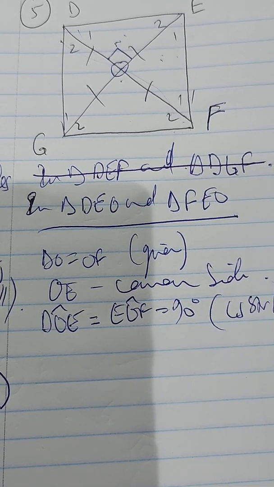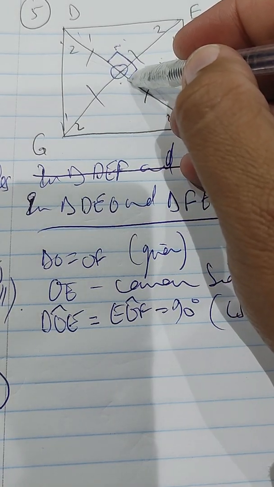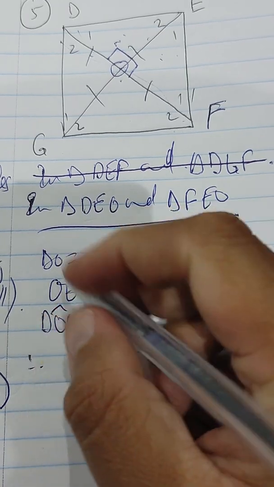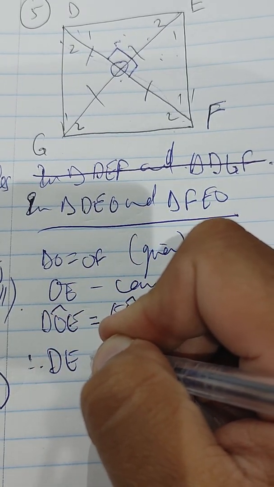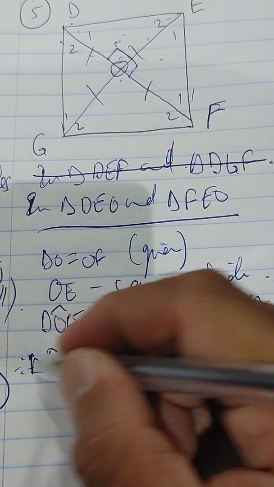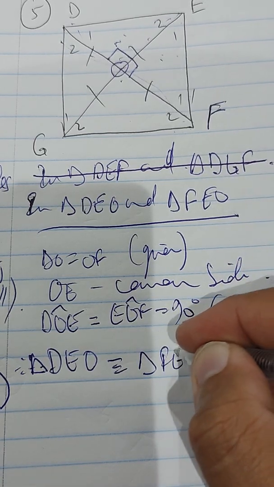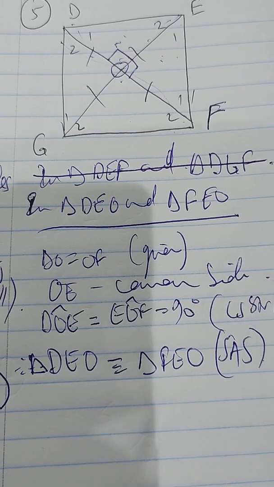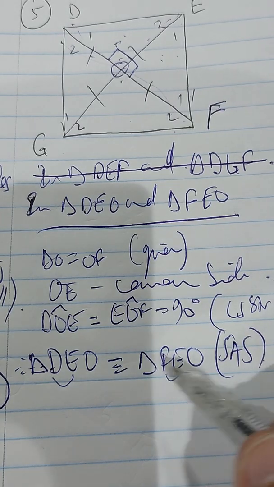Angles on a straight line, 90 there. So what do we see? We have side angle side. So therefore, triangle DEO is congruent to triangle FEO. Why? Because there is side angle side. Okay, so from here we can see that DE is equal to FE.